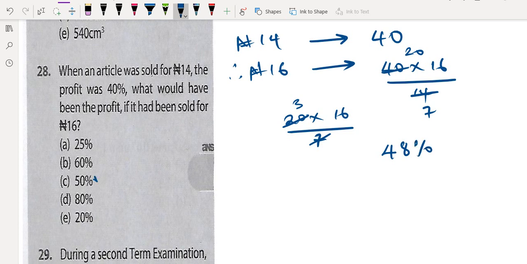So the most approximate answer there is 50%. Okay? It's comparison now. Compare, you get it.